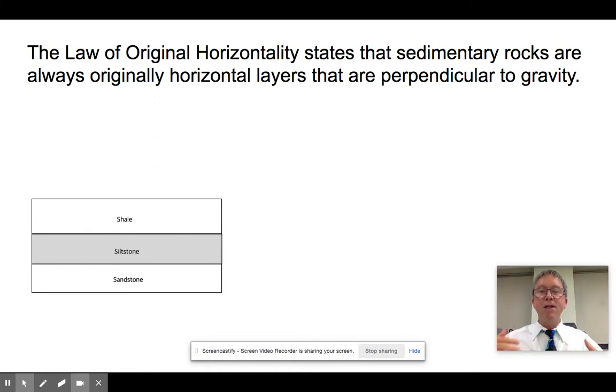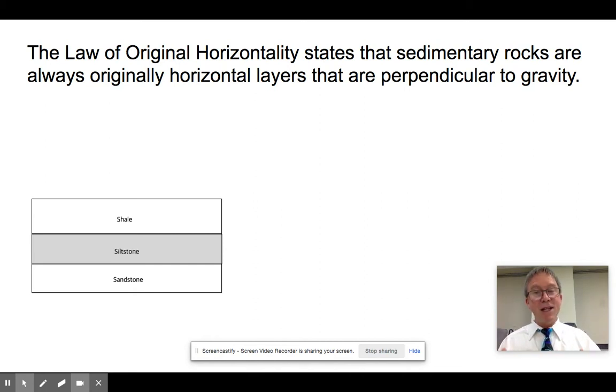When sediments get deposited, they are essentially being deposited horizontally, with their surfaces perpendicular to the gravity force vector. So when I see this, I know that is the position they were originally put down in. Sedimentary rocks get laid down horizontally. They don't get laid down vertically or at weird angles.